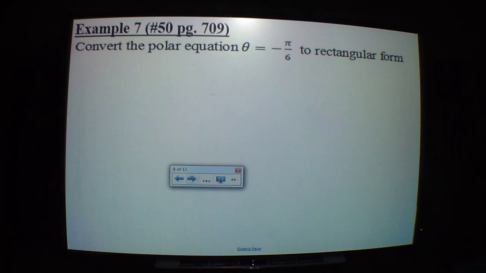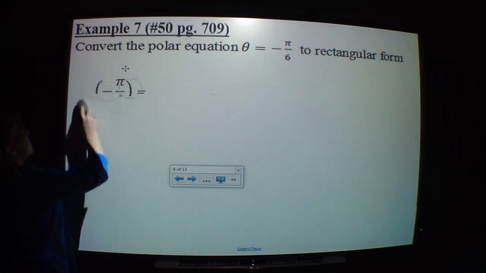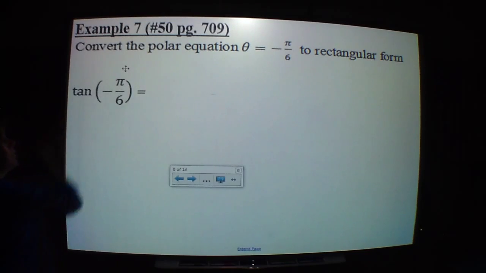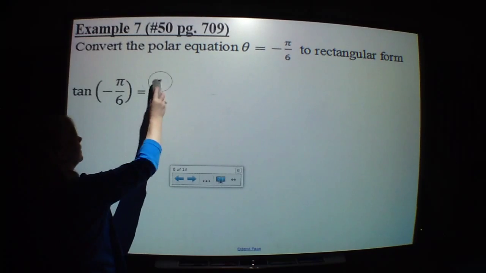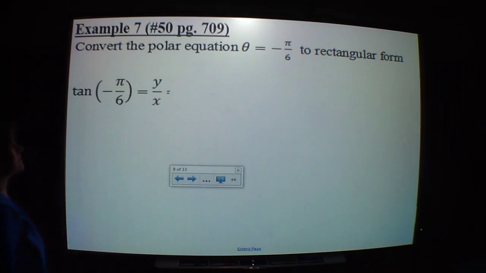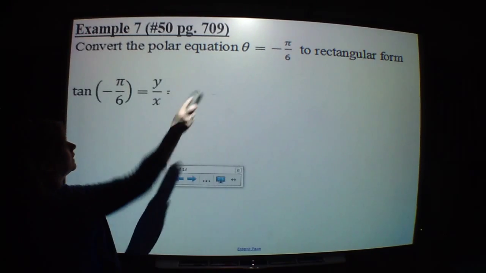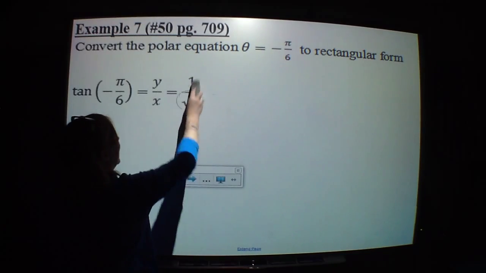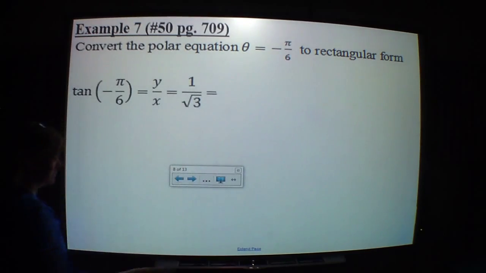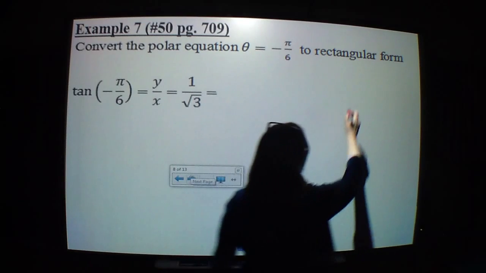Next one, convert the polar equation to rectangular form. When we do this one, tangent, remember tangent is y over x. And if you have the -π/6, and if you want me to draw it out, I will.